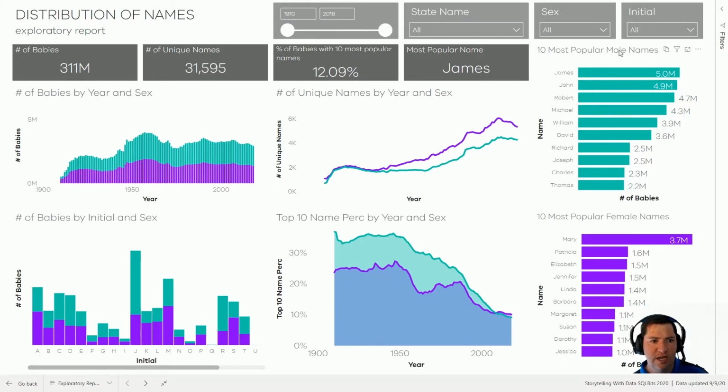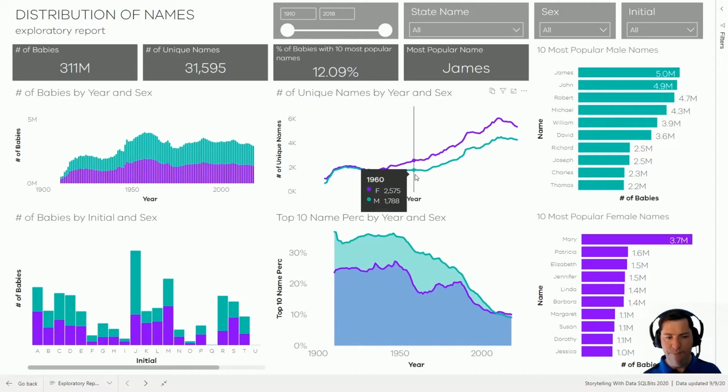We've got a chart on the right here that says most popular male names, where everything's green. We've got a chart here that says most popular female names, where everything's purple. And my assumption is that people would be able to reference that females are represented by purple data points and males by green. So that's the first thing, talking about the colors.